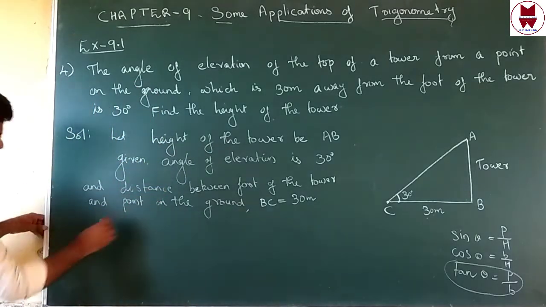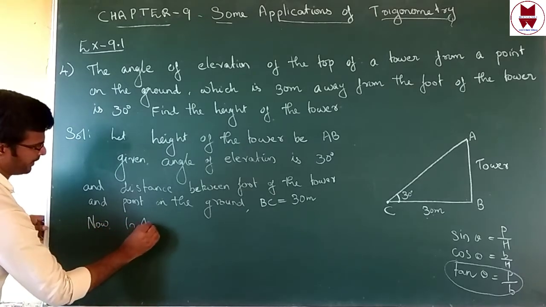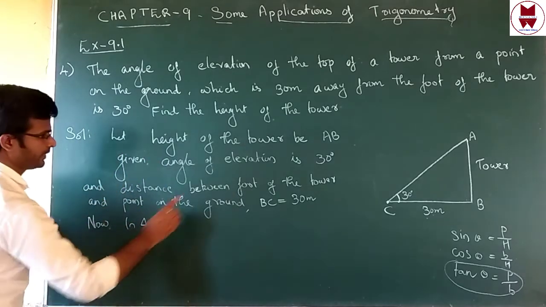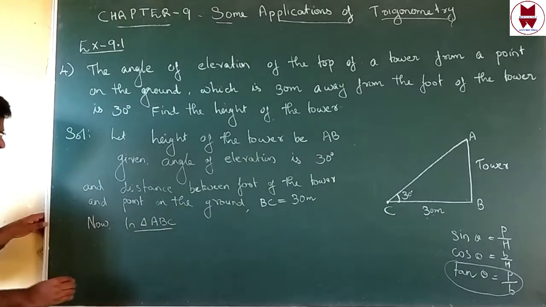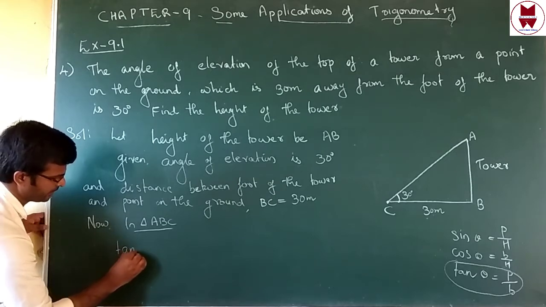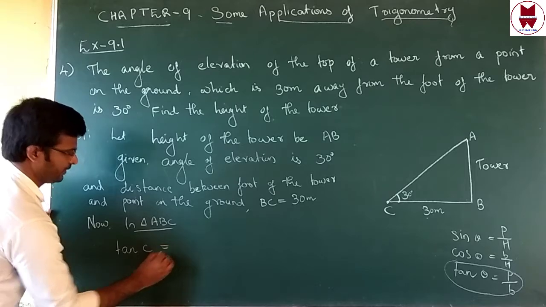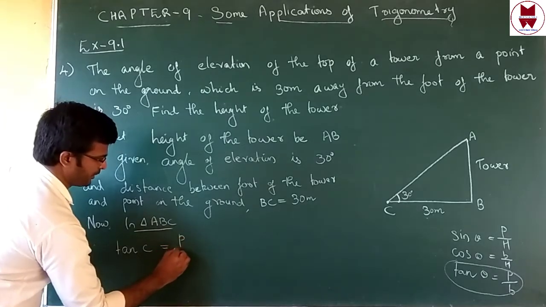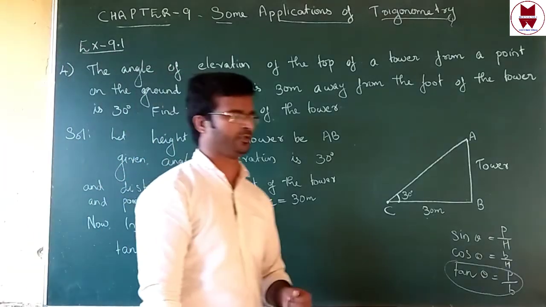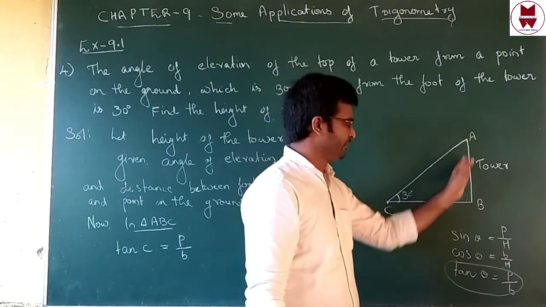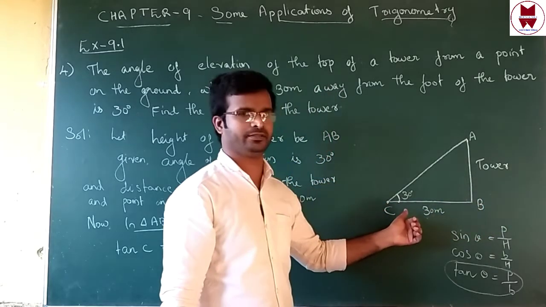Then in triangle, in here one triangle we already drew, that is triangle ABC. In triangle ABC we are going to use tan C equal to perpendicular by base. Why are we using tan in here? I already told, we have to compare what value we have to find out, that is perpendicular, and already given this base.